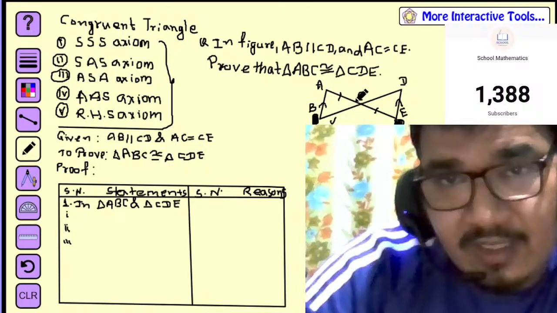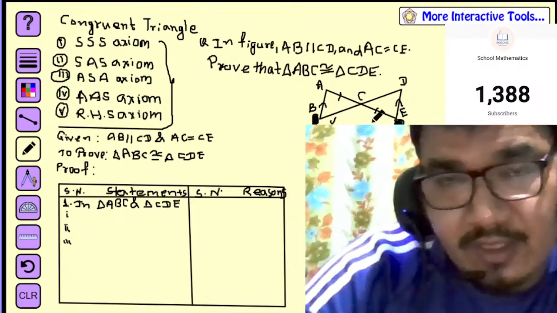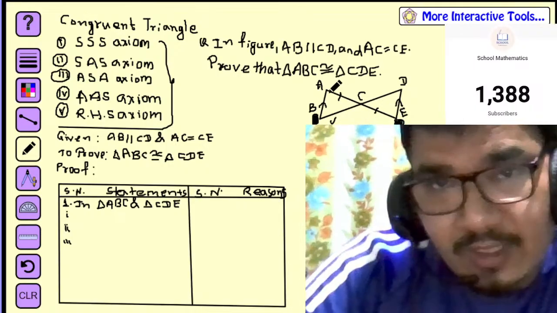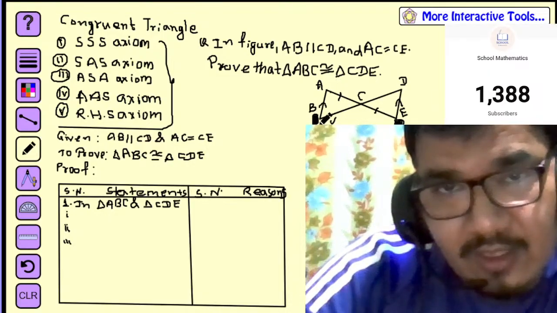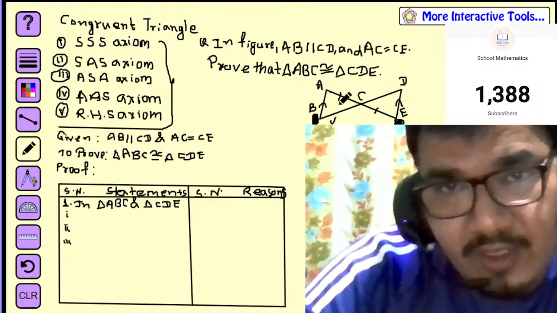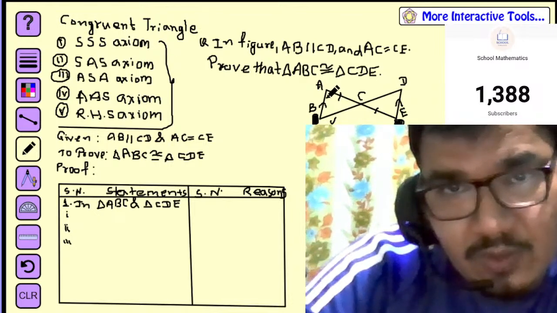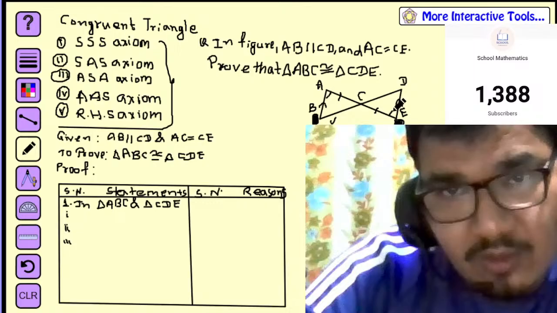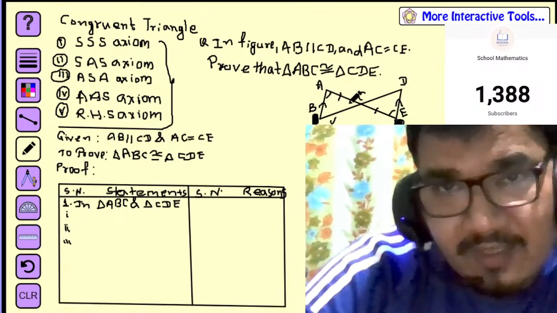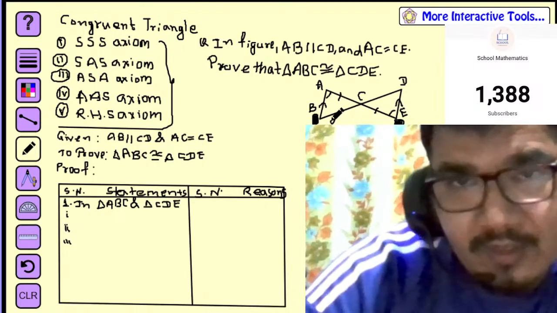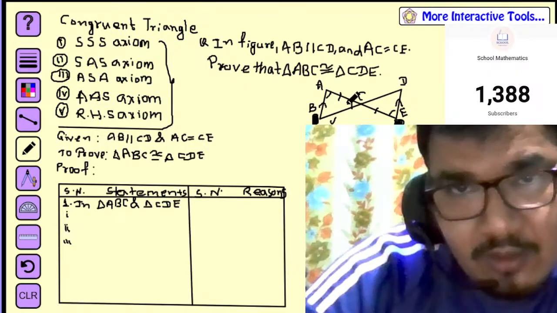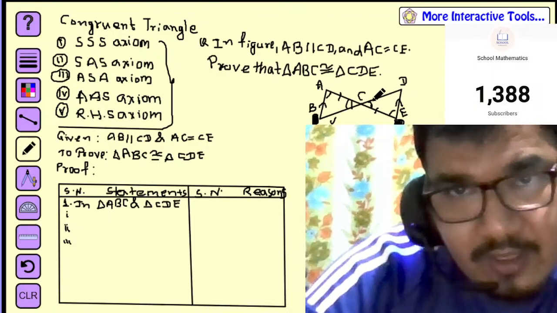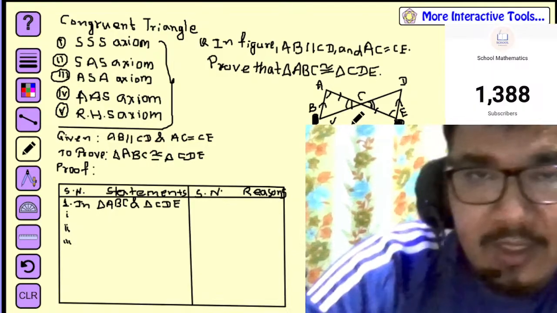First of all, see here, children, this AC side is equal to CE side. It's already given. As we know, if AB is parallel to DE, then these two angles will be equal because they are alternate angles. And this angle is equal to this angle because they are vertically opposite angles.